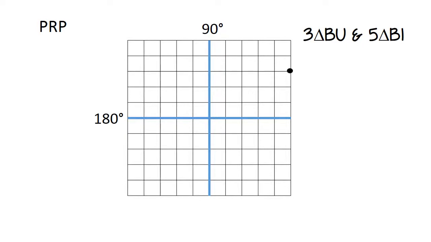But where is that from center? To find out, we have to draw a line and make a right triangle out of it. One side of that triangle would be 3 units long, and one side would be 5 units long. And since it's a right triangle, we can figure out what the long side is, the hypotenuse.